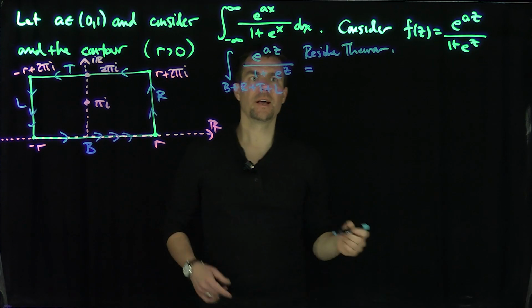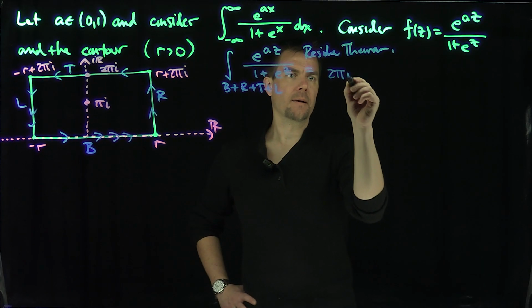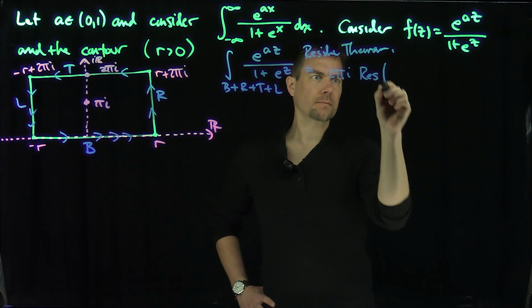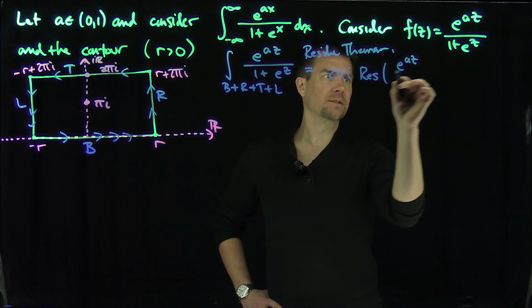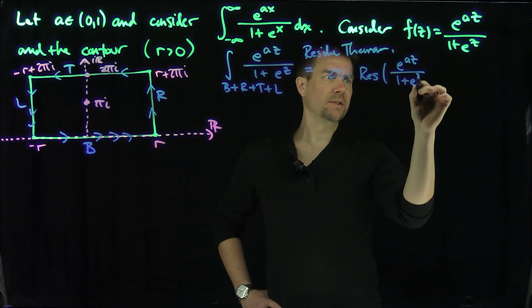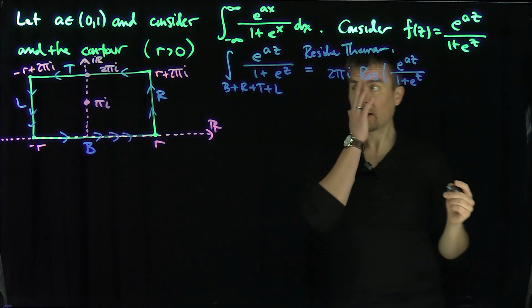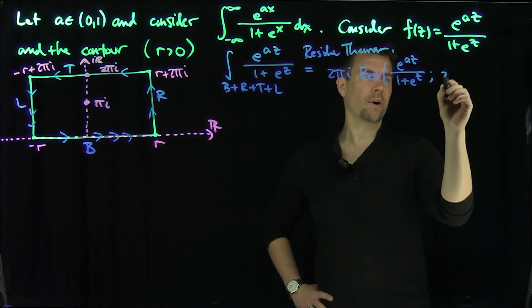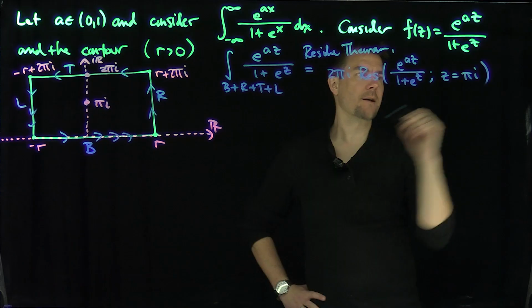It's the 2 pi i times the residue of our function e to the az over 1 plus e to the z evaluated at the point z equals pi i.